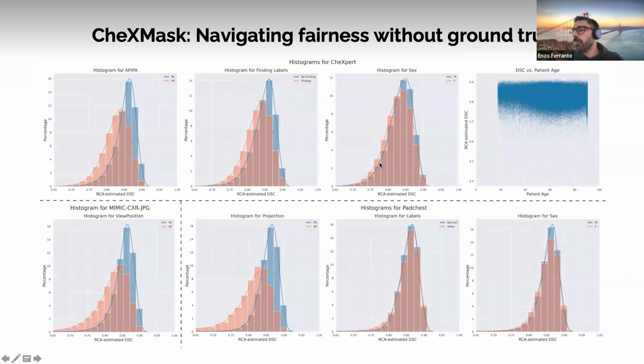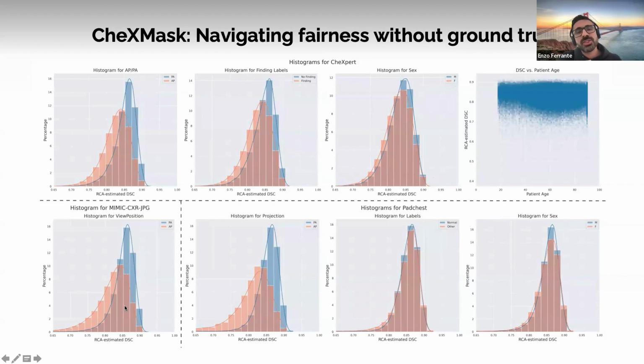Look, this is in orange, you can see for female, and in blue, you can see for the male population, the distribution of DICE coefficients, right? And there are no big differences, honestly, between these two. So we can say, okay, the model is pretty fair in that sense. Now, where we observed very big differences was, for example, here.